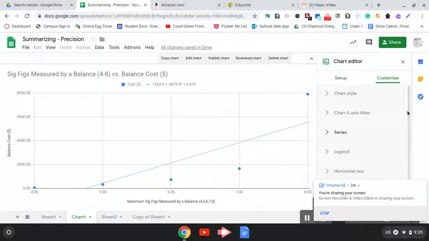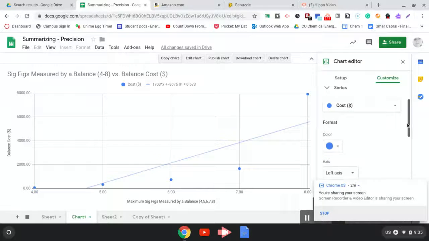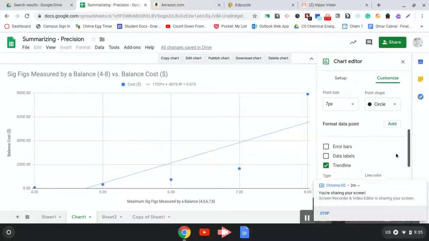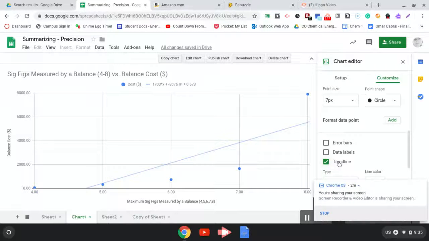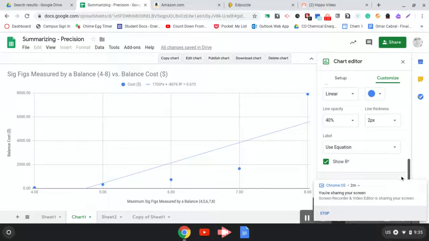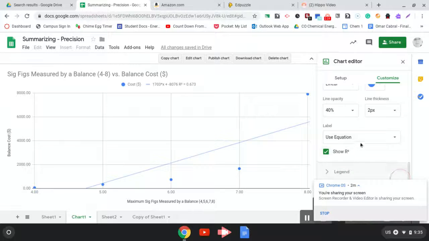Then from customize, to look at trend lines, I go to series. I scroll down until I find trend line. I've already turned on the trend line, and I've already set the label to be the equation and checked on show R squared.